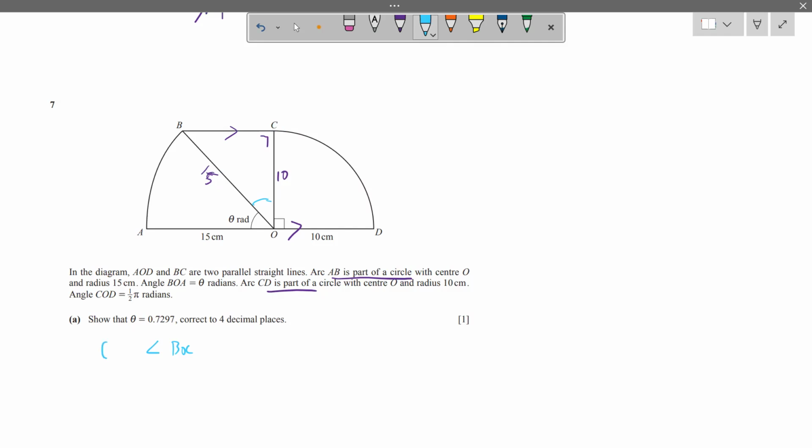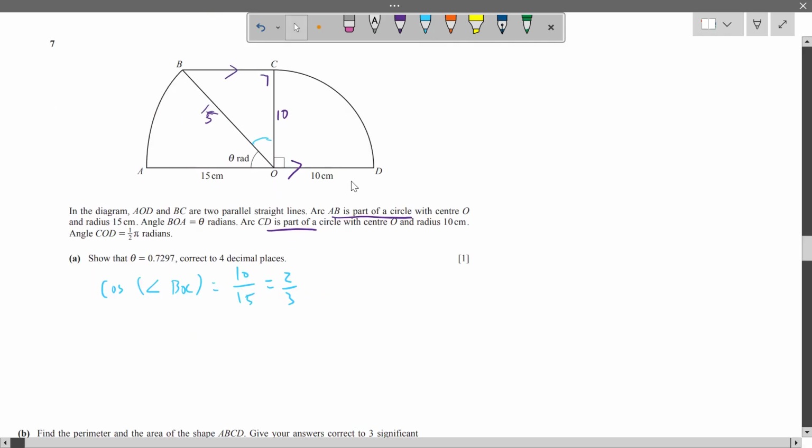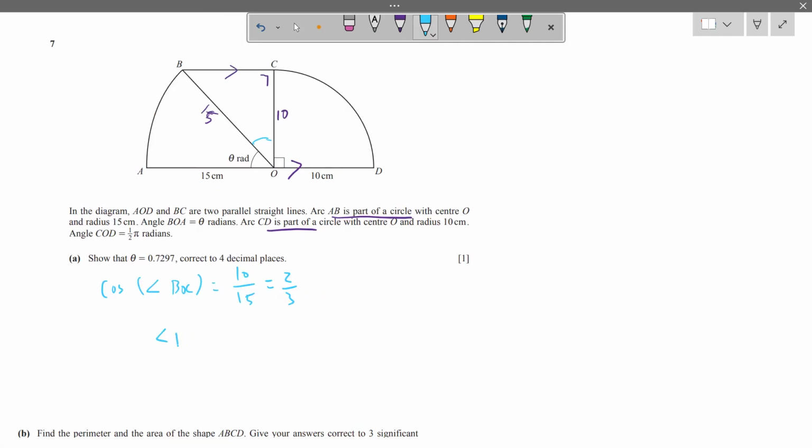So the cosine of BOC is equal to 10 over 15 or 2/3. Now that means angle BOC is equal to arccos of 2/3. Or depending on your notation, you would say cos inverse.